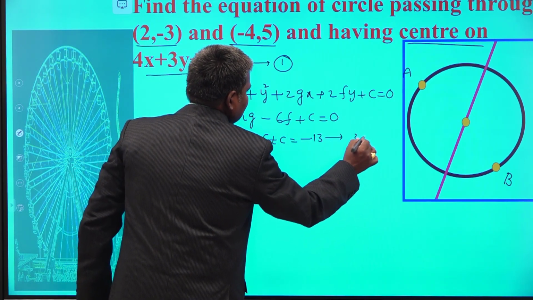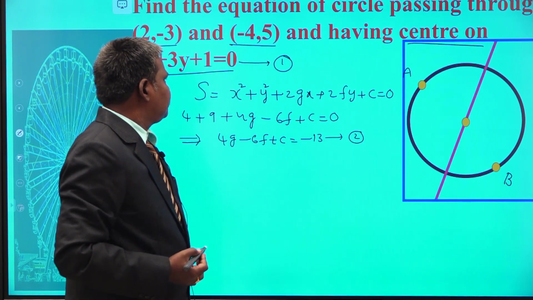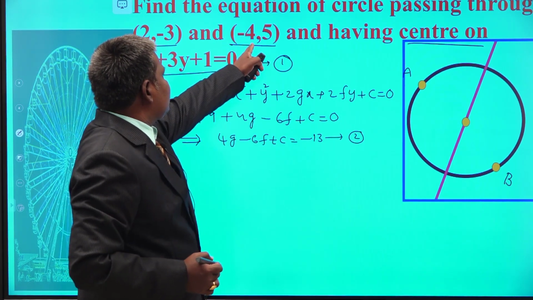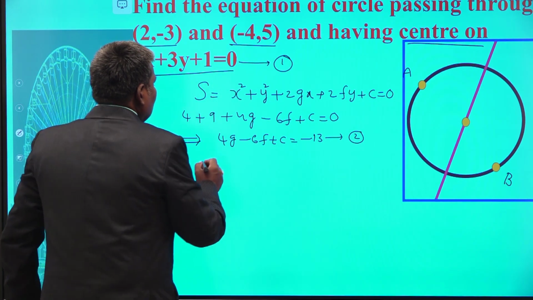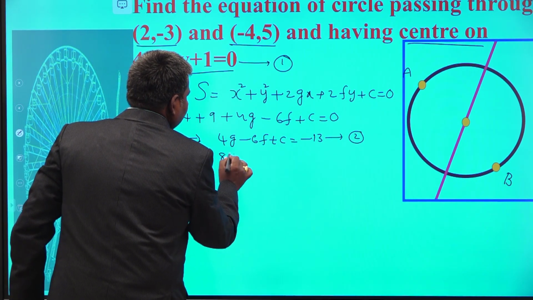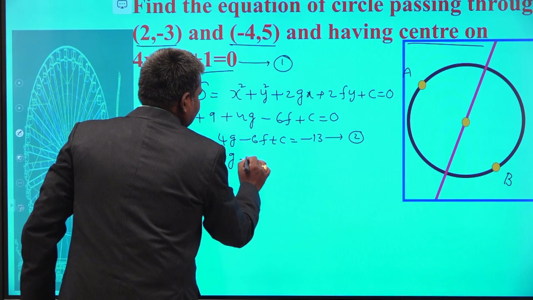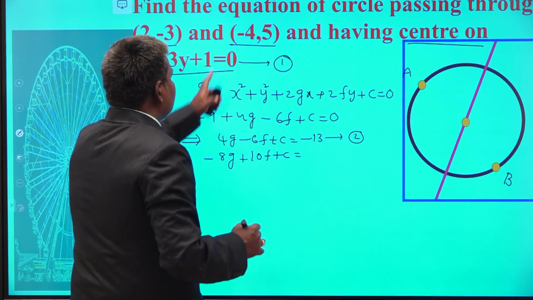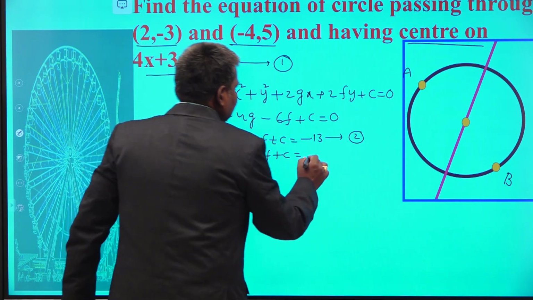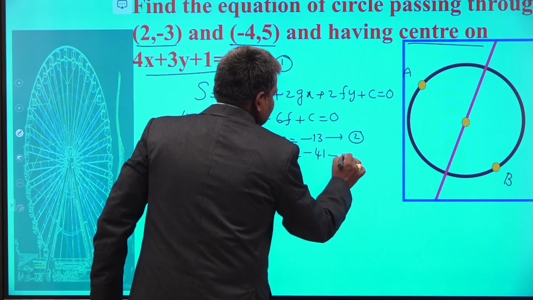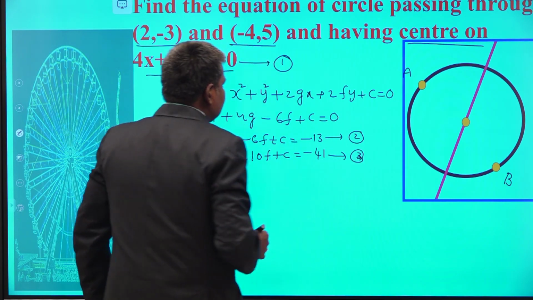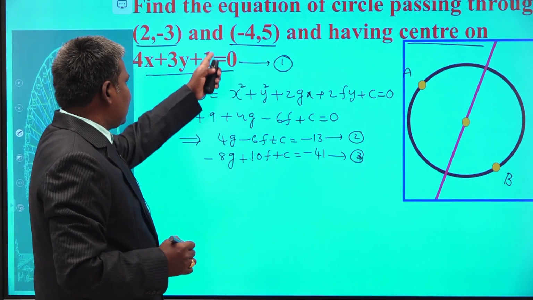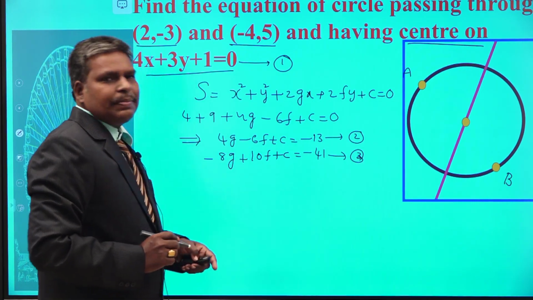This is equation number 2, say. Similarly, if you substitute the other point, we obtain minus 8g plus 10f plus c is equal to 16 plus 25, that is 41. Coming to the right side, that is minus 41. This is equation number 3.